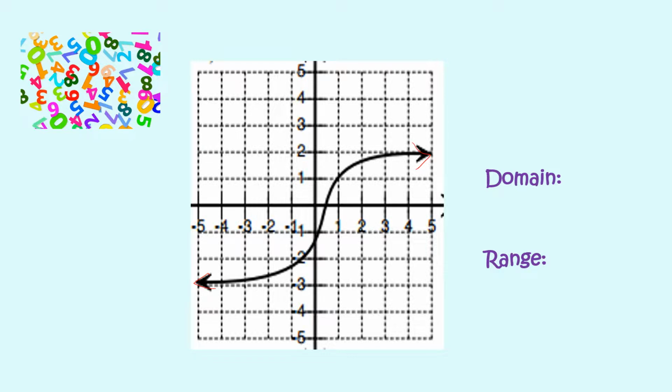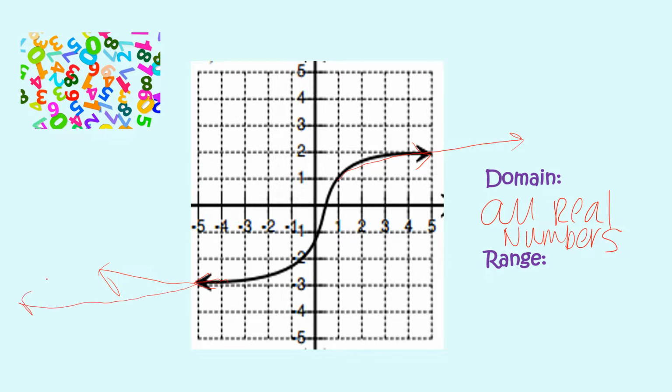So your domain is actually going to be all real numbers. Okay, because it is encompassing everything on the x values, because if I were to continue this graph, this line would just keep on continuing on both sides on your x's. Alright, the same goes for your y also, because as it is continuing, it can keep going up and down.